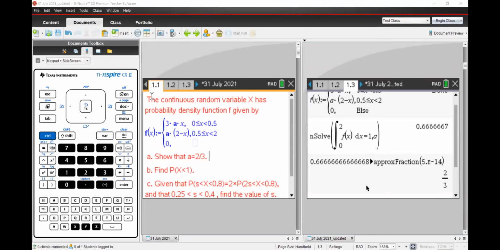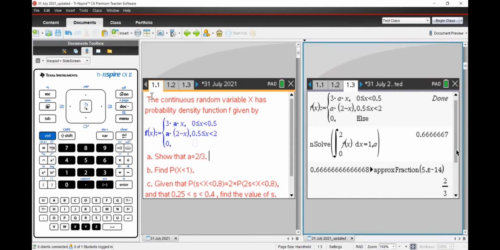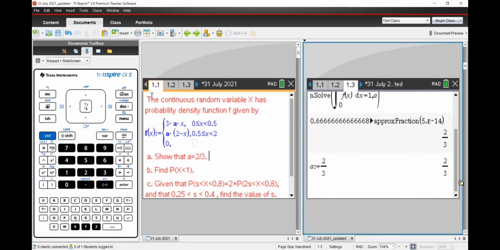Show the integration sign, and you don't have to show the steps, but the examiner should get evidence that you have used integration for that, and that will be great. And next thing, like Hassan defined it as 2 upon 3, once you define it, you don't need to go back and change your function, replace a by 2 by 3. Once you've defined it, it's done.